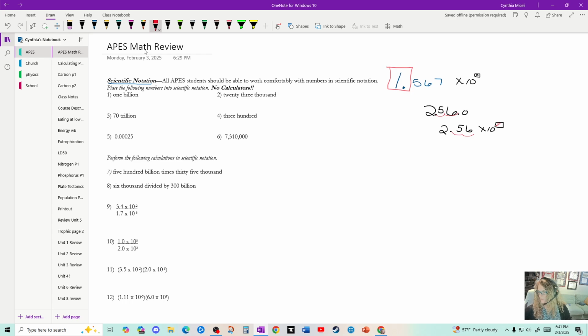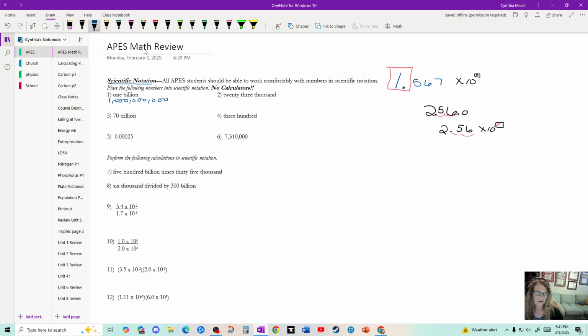So it's just practice, practice, practice. Now the reason we do scientific notation is because when numbers get really, really big, we usually don't count our zeros well, or we get lost in all of those zeros. It's easier to keep track using scientific notation. So 1 billion is 1, that's a million, and a billion is 9 zeros.